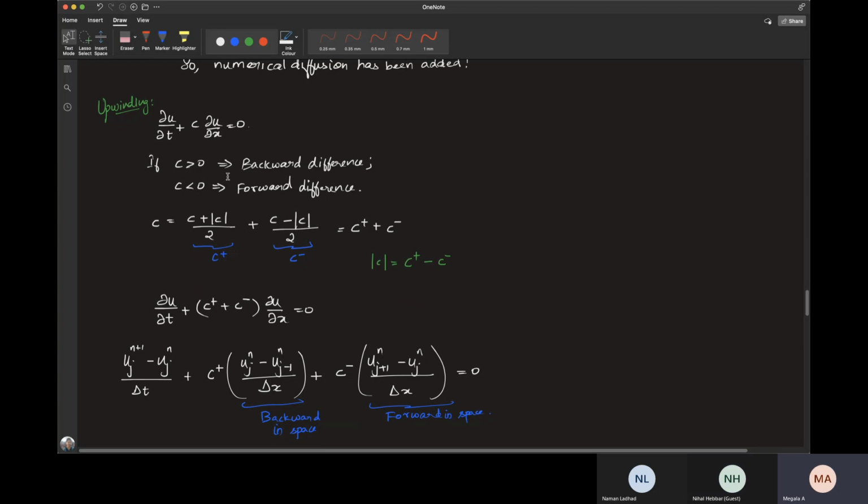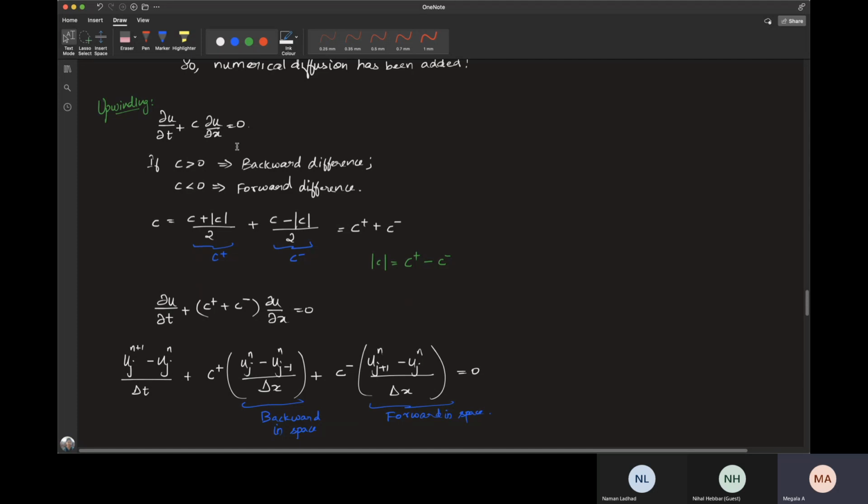So for upwinding, let us consider a linear convection equation. We have dou u by dou t plus c dou u by dou x equals 0, and we have seen this initially. If c is greater than 0, then your waves are moving in the positive direction. So if you are at some x j, you will be influenced by x j minus 1, since your wave is moving in the positive direction.